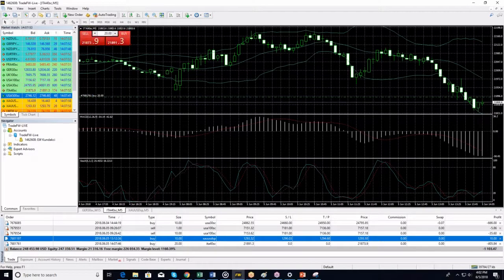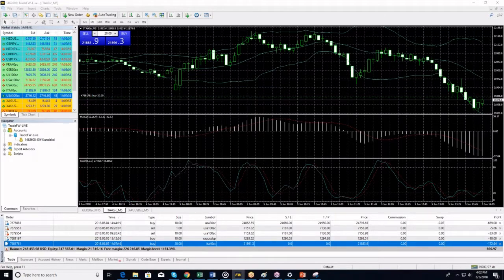Over here we put our take profit nicely at 21,970, our target price, and our stop loss. I will have a closer look at our stop loss.